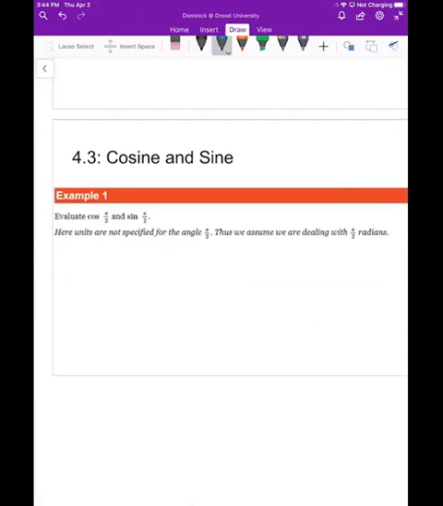Okay. Now, first of all, let's talk about what cosine of pi over 2 and sine of pi over 2 are. All right. Now, again, if you were not familiar with radians just yet, we could multiply by 180 over pi. And then if we convert this to degrees, our pi's will cancel, and we get 180 over 2, which is 90.